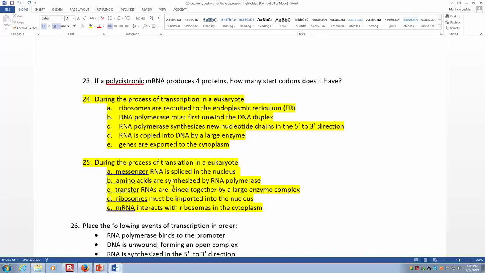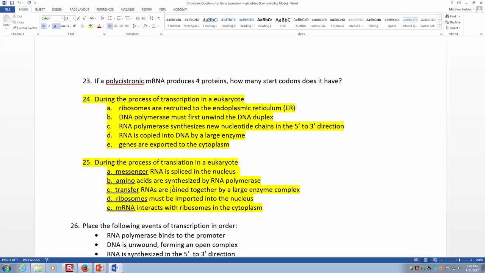So during the process of transcription in a eukaryote, which of the following occurs? Right. RNA polymerase synthesizes the nucleotides in the 5' direction.